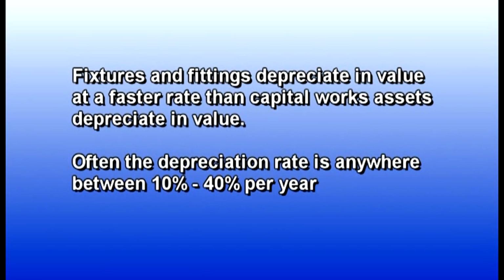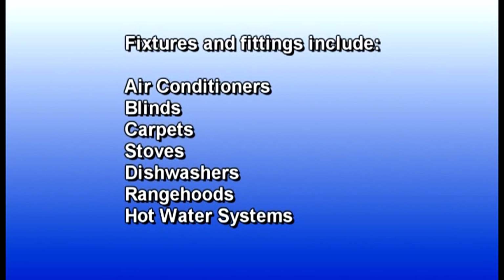Now, fixtures and fittings decline in value or depreciate at a faster rate than capital works expenses do. Fixtures and fittings include things like air conditioners, blinds, carpets, stoves, dishwashers, range hoods, and hot water systems.